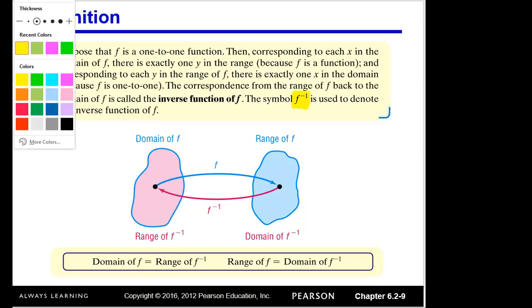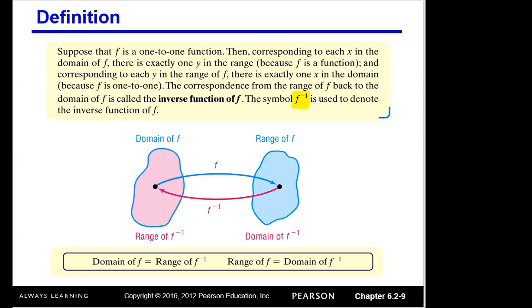So let me highlight the same colors here. When you're mapping from the x coordinates over to the y coordinates, here's the domain of your function, here's the range of your function. If you reverse it, which they call the inverse, and you go backwards, now what originally was the range is now the domain, and what was originally the domain is now the range.